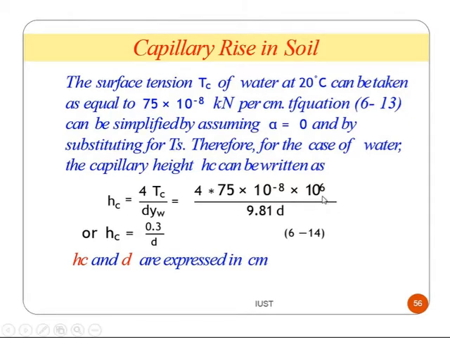Right? 10 raised to 6 is there because the diameter may be in millimeters, so we have to consider it in meters. It may also be in centimeters, so we have to convert that into meters as well.